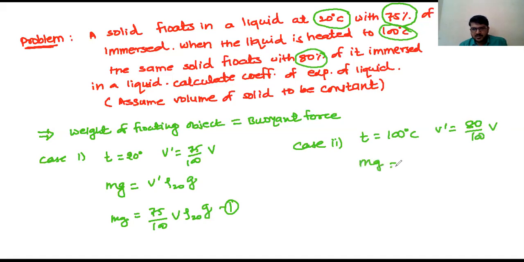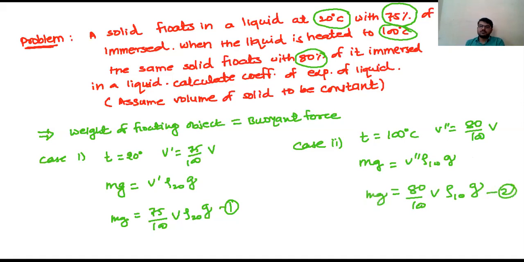So mg is equal to V double dash into rho at 100 into G. I can write here 80 by 100 into V into rho at 100 into G. This is your equation number 2. Now what to do here?